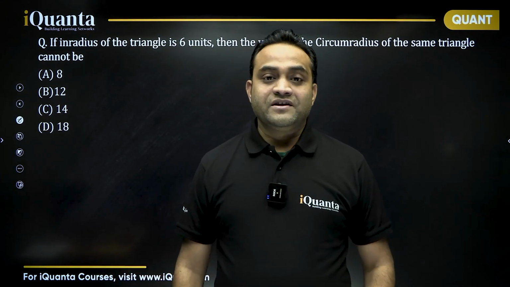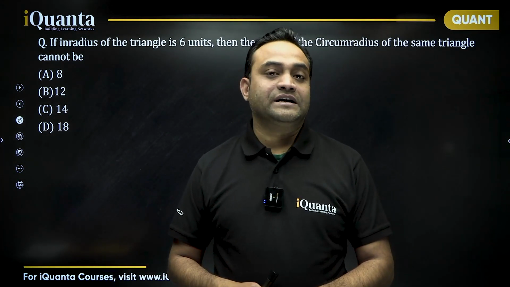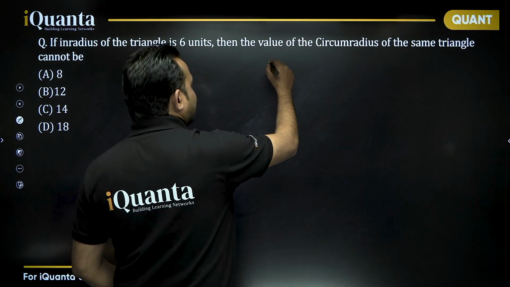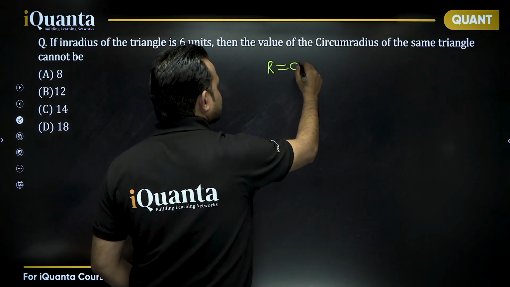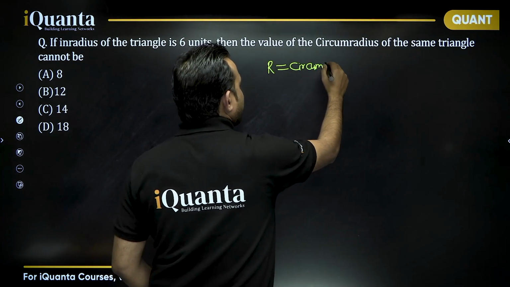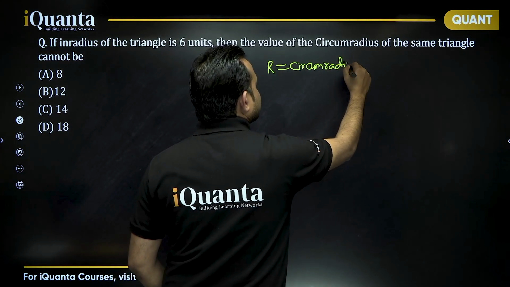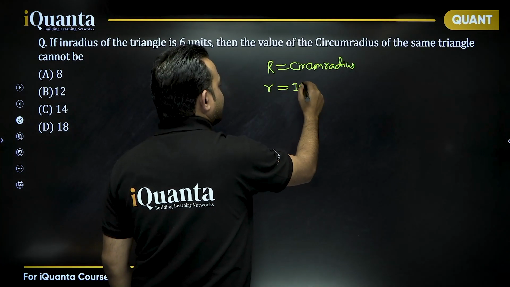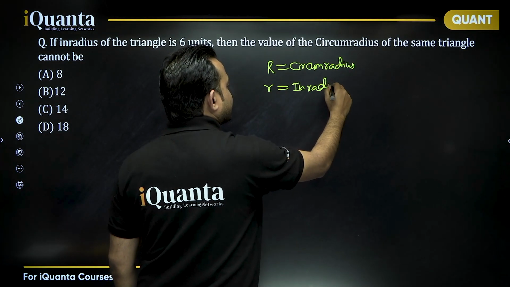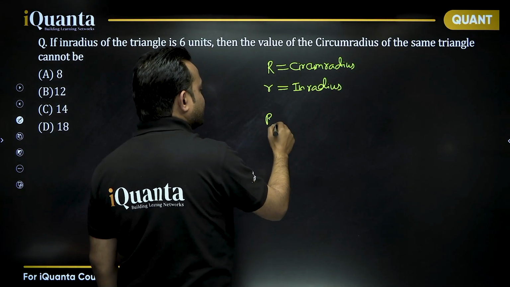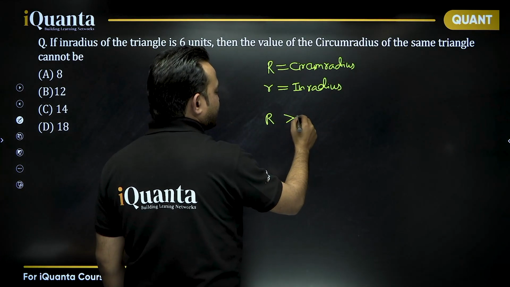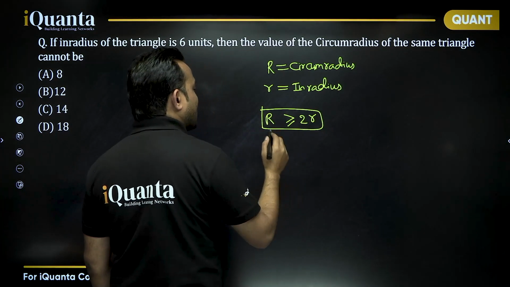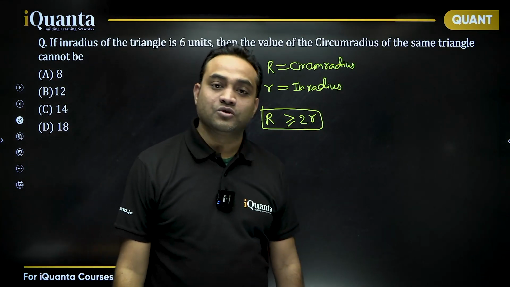The derivation of this is a little bit complicated, but you should remember that if R is the circumradius and small r is the inradius in the same triangle, then the relation between them is R is always greater than or equal to 2r.